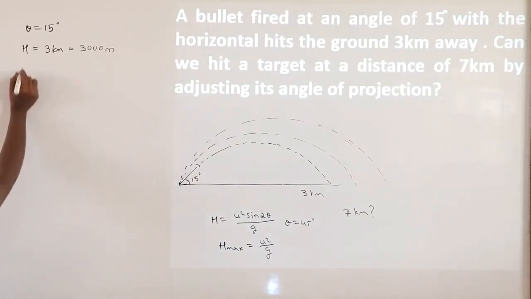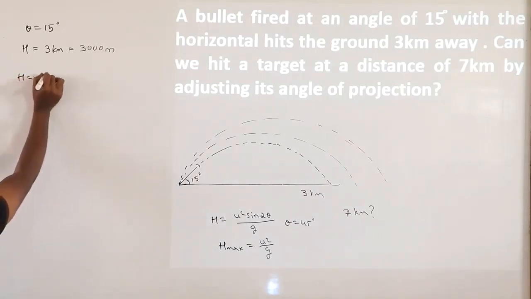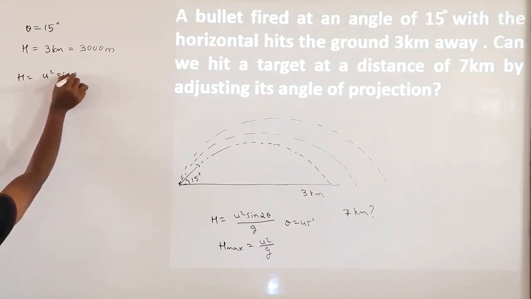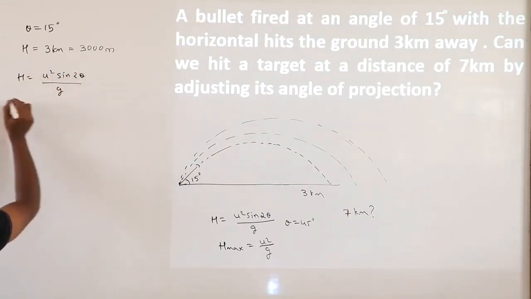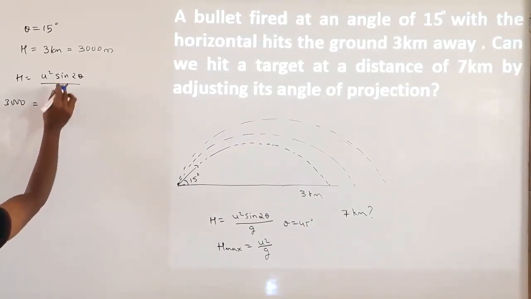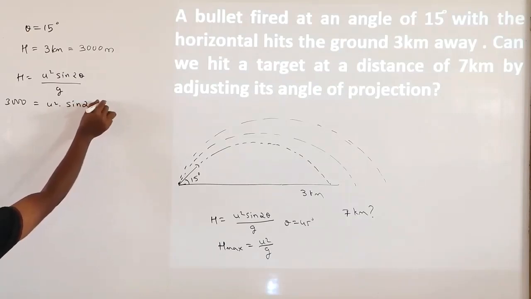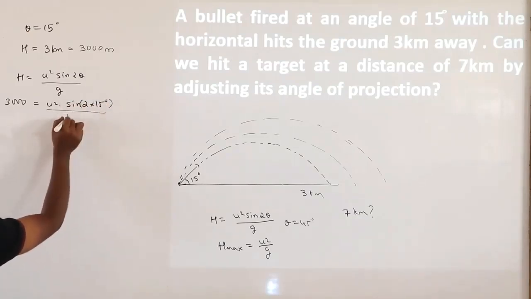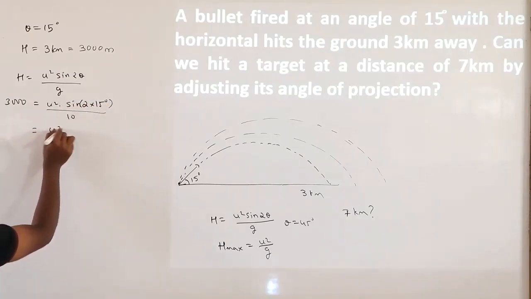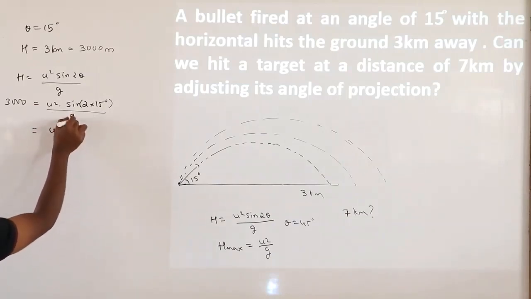So R equals u square sine 2 theta by g. So R they have given 3000 meter, u square as it is, sine 2 theta, sine of 2 into 15 degree divided by g. g, let me take 10. u square, sorry, write g as it is, why take 10.